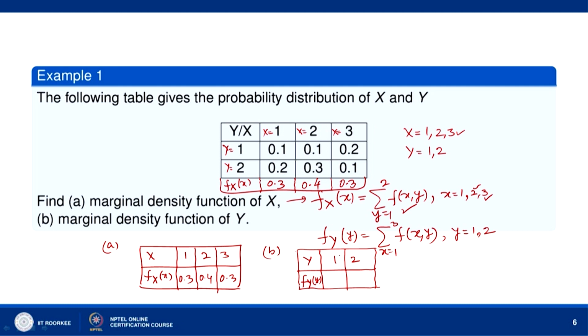Now what will happen? f_Y(y) is the sum of the values of f(x, y) for x equal to 1 to 3. X goes from 1 to 3, so we now take the sum of the entries in the rows. So this is f_Y(y).